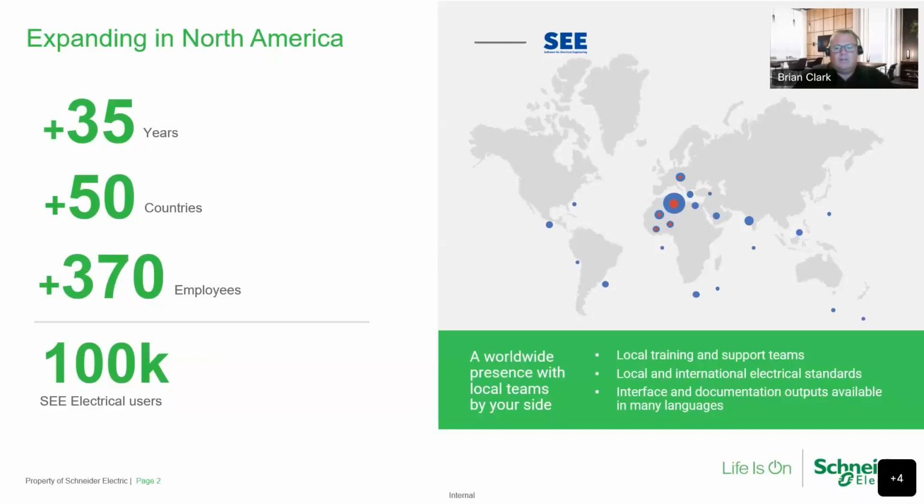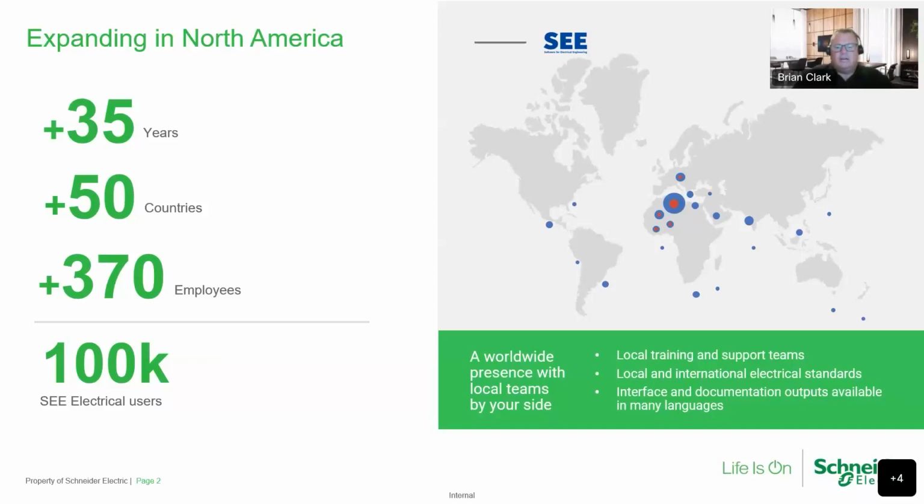The headquarters are in France, same as Schneider Electric, and there's a very large market presence of C Electrical throughout Europe. Although there's been an office in North America for over 25 years, it's only the last couple years where there's been rapid growth in the North American market.